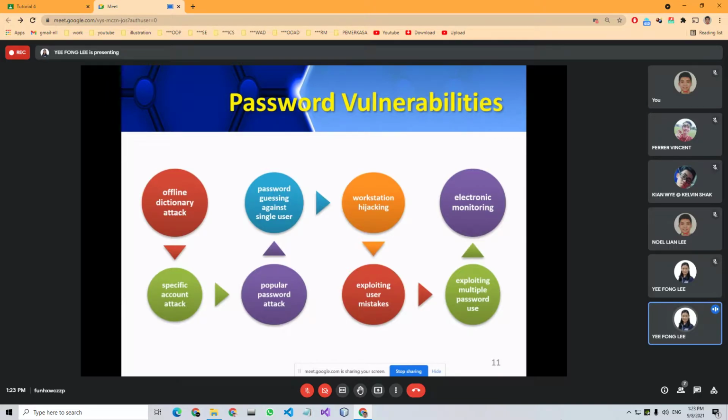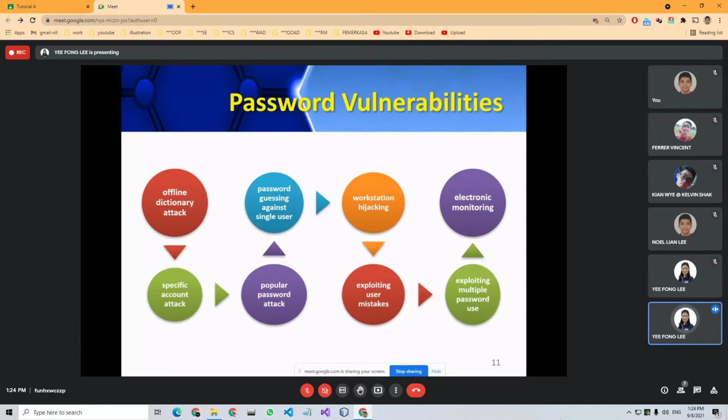So the standard countermeasure is to automatically log out the user from the workstation when there is a certain period of inactivity.